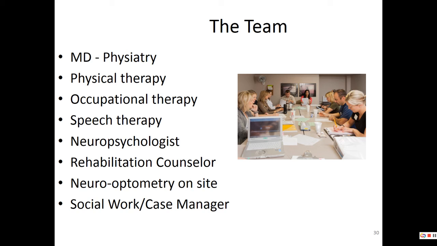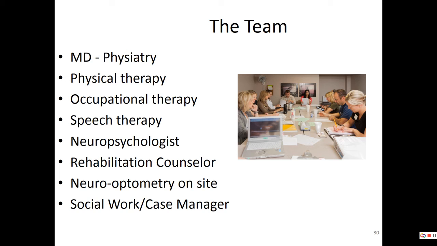Again, they play a very important role to be able to go through the assessments in the battery and standardized testing to see where they fall on the bell curve. Are they normal, abnormal? And then differentiate: are these concussion symptoms, and are the deficits they're demonstrating on these assessments concussion related, or is this more psychological?